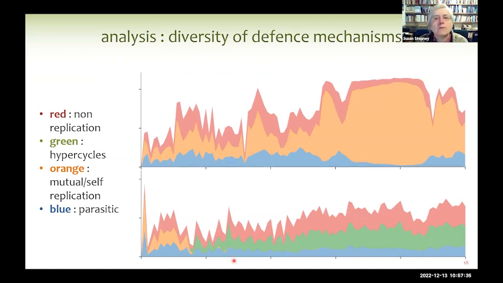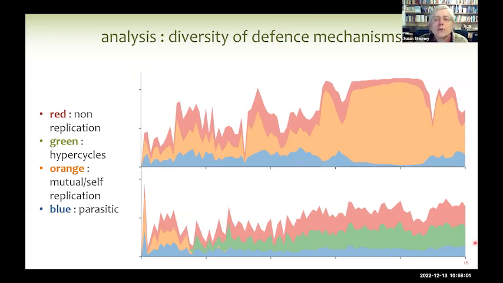This is two different runs being shown here, where we've classified the reaction types. The red reactions are non-replication but non-parasitic reactions. The green one here is hypercycles. The orange one is self-replication, and the blue is parasitism.